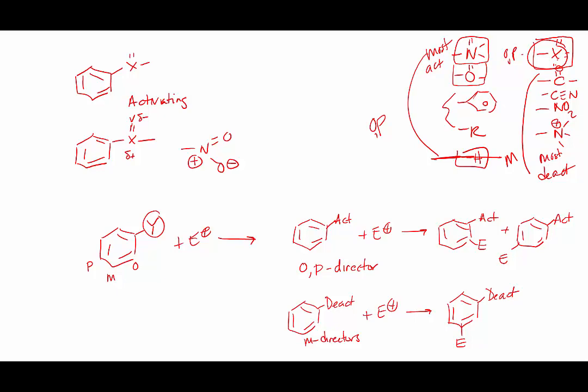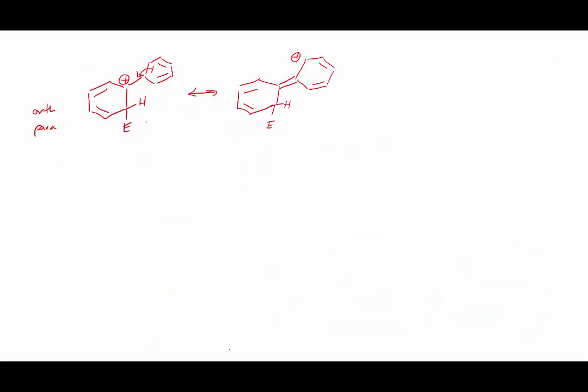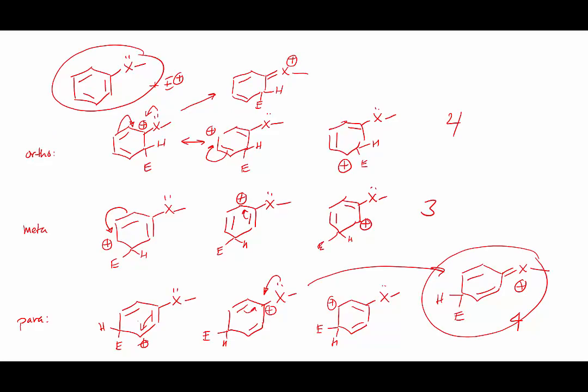Now, what about the R group? Let's imagine in these 9 that we wrote, what happens when there's an R group next to the carbocation? What kind of carbocation do I form if there's an R group here? Tertiary.